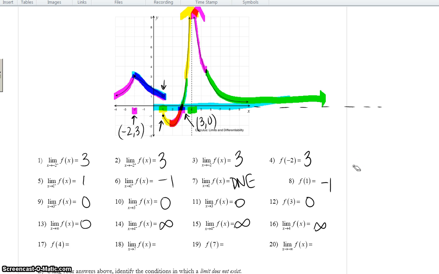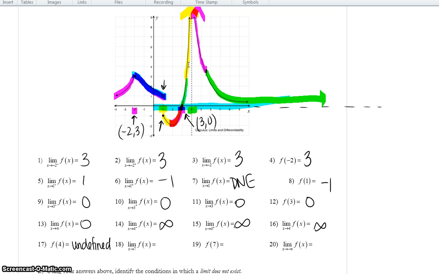However, f of 4 is actually undefined because of that asymptote. The graph is never going to cross that asymptote. So our value at 4 is undefined.